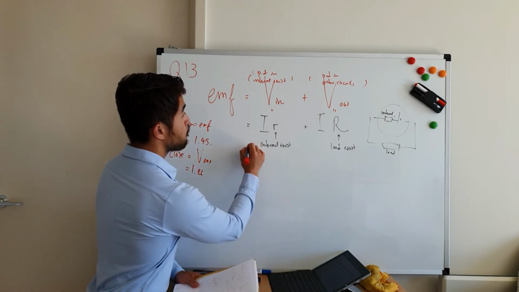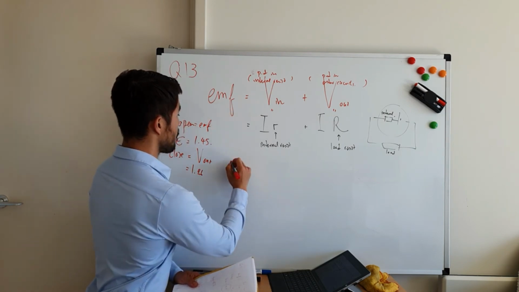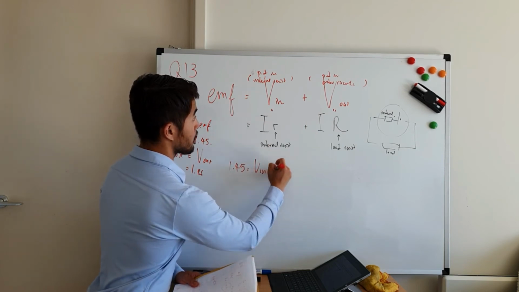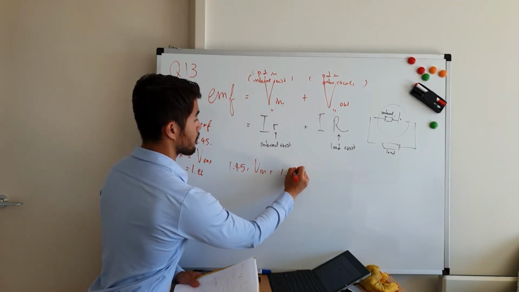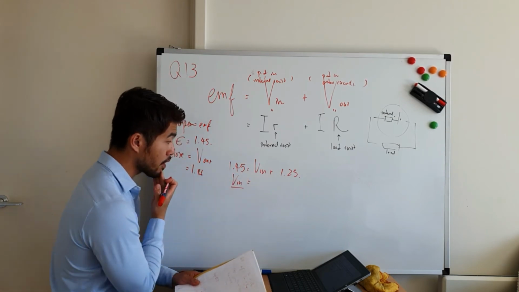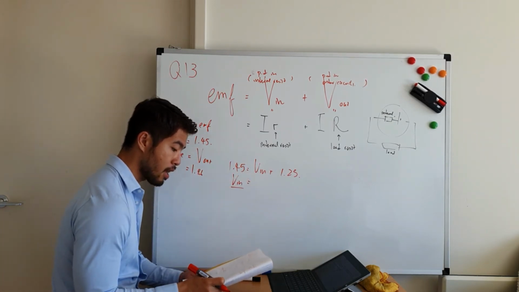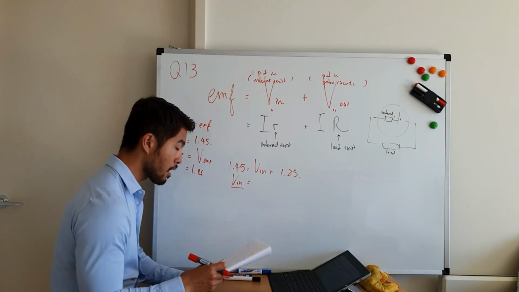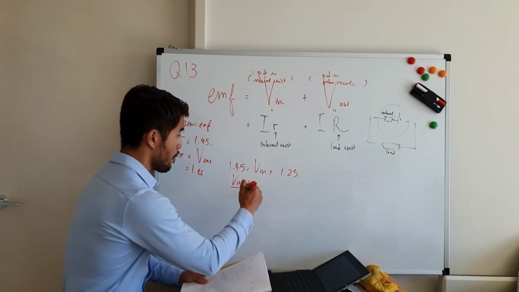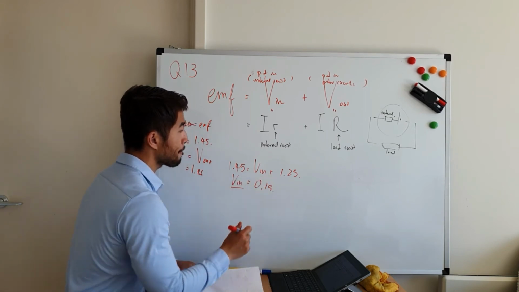Because we know that EMF is 1.45, V in plus V out is 1.26. We know that V in, the potential difference in the internal resistance, is going to be 0.19.